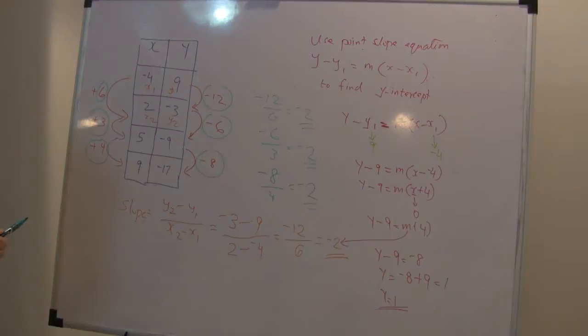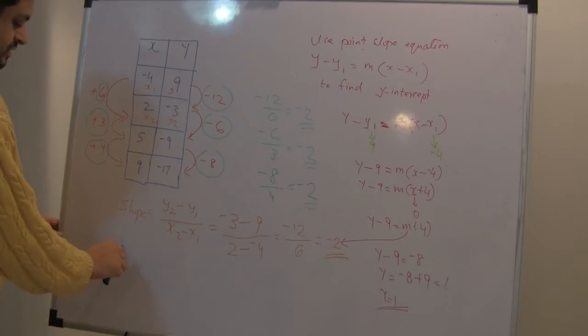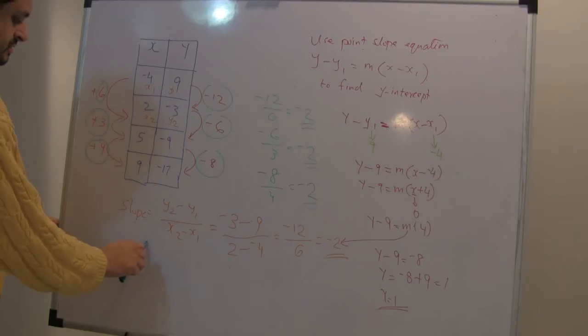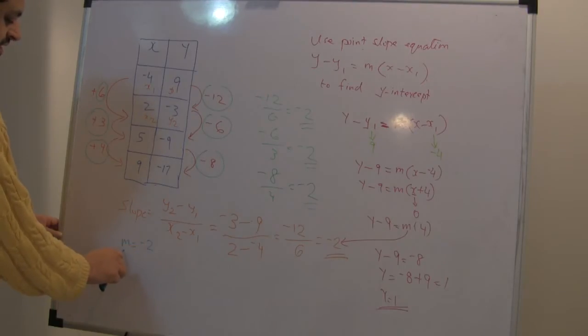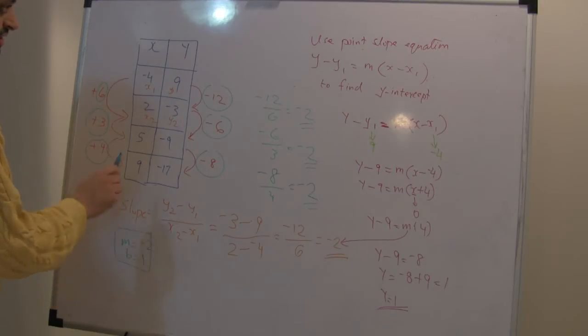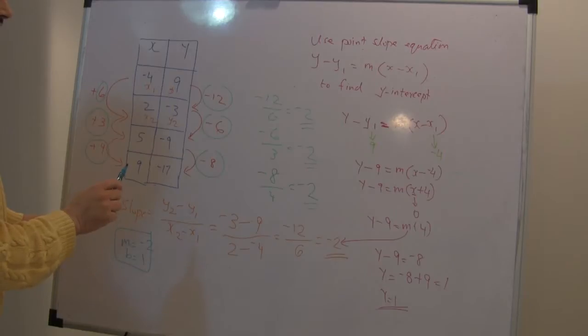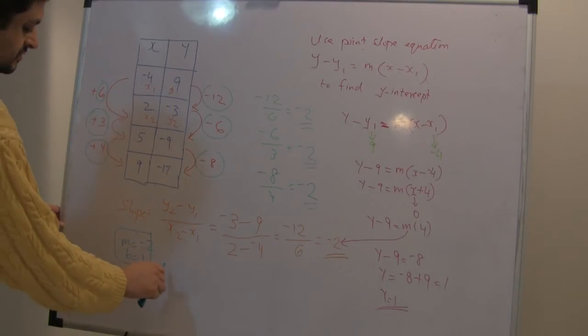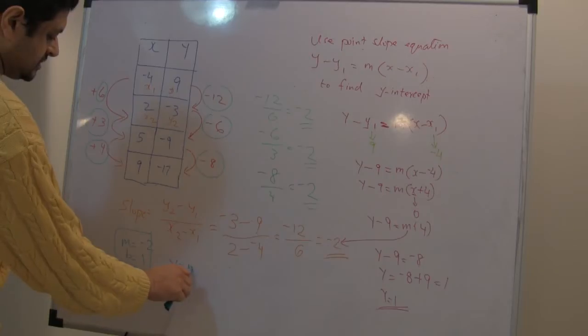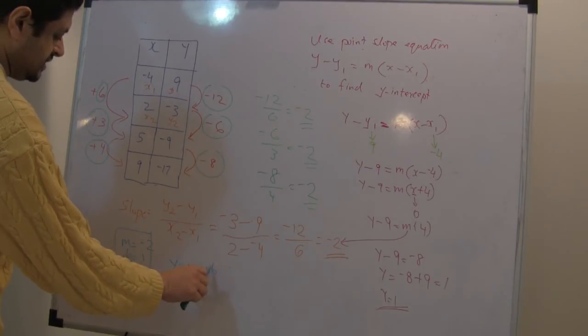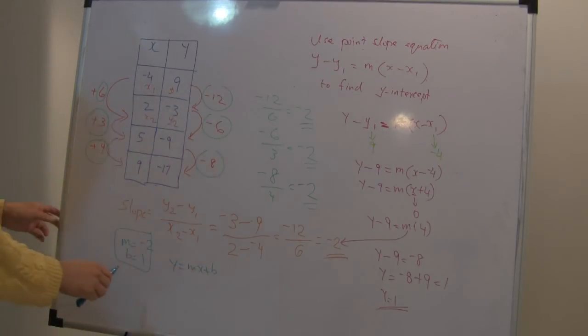Okay, so now we know the slope m equals minus 2, and we have the y-intercept. Okay, y-intercept is 1. So at this point we can use the slope-intercept form, which is y equals mx plus b, right?